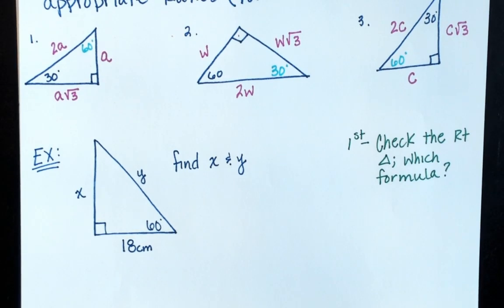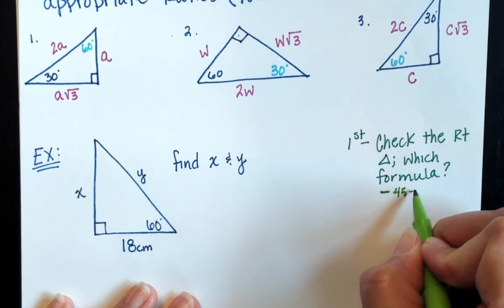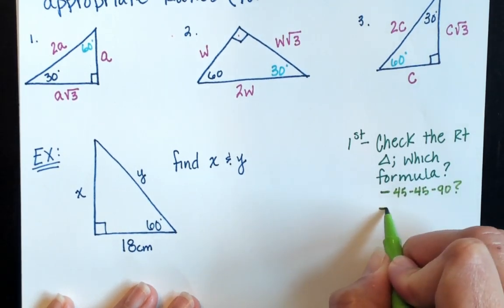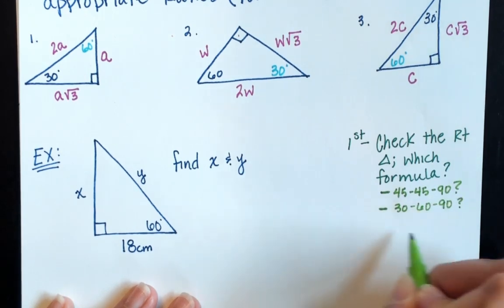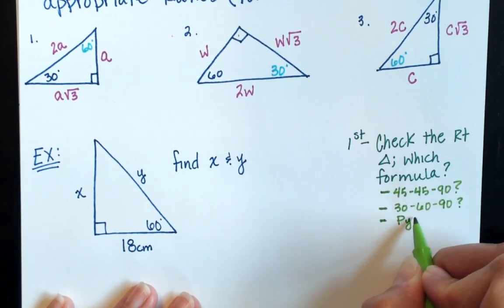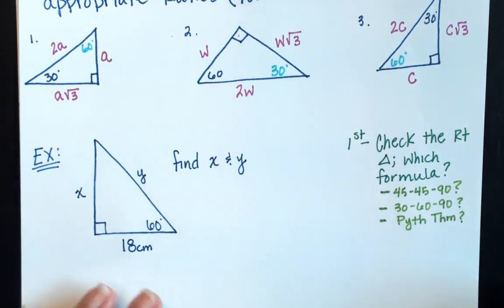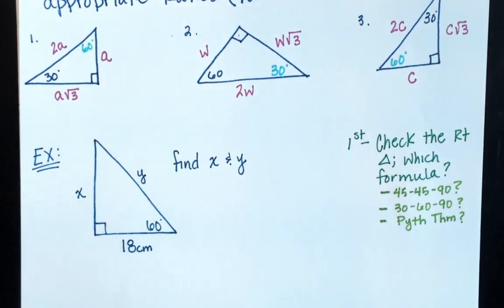Could I use the Pythagorean theorem? At this point, that's what we're looking for. And honestly, at this point, we could even say, could we use our altitude on hypotenuse if I had a segment going in the middle? You don't see any of that. You don't put it in, but you checked your triangle.